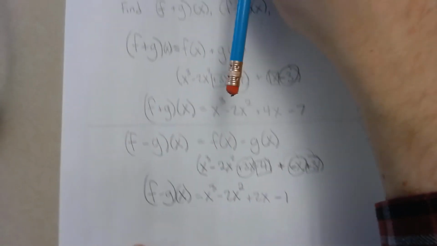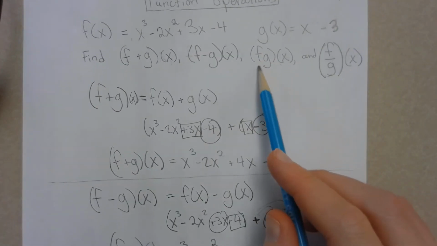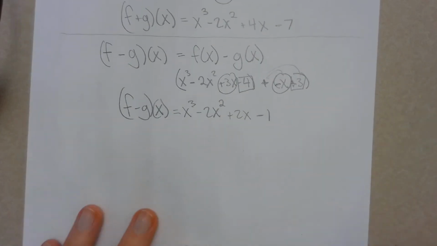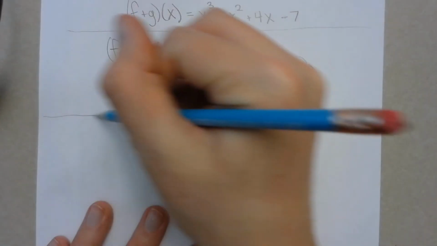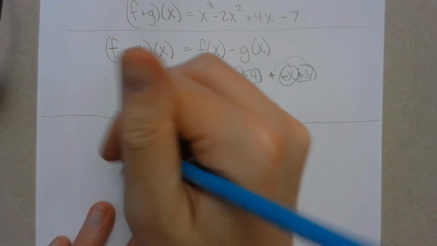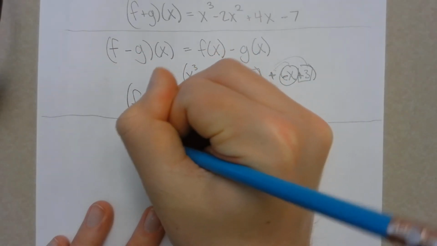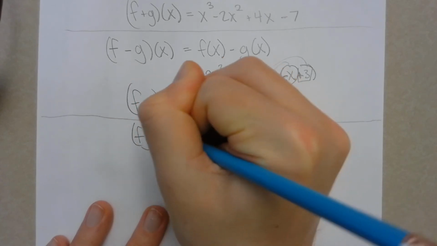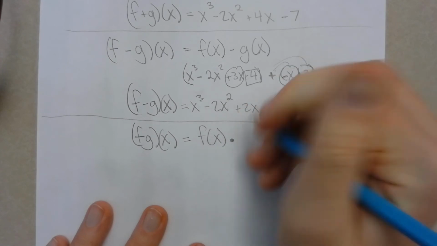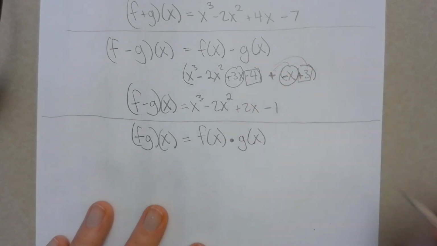Okay, you can probably kind of see where this is going. We'll go ahead and do f g of x, and this is really f times g of x. Okay, so f g of x is equal to f of x times g of x.